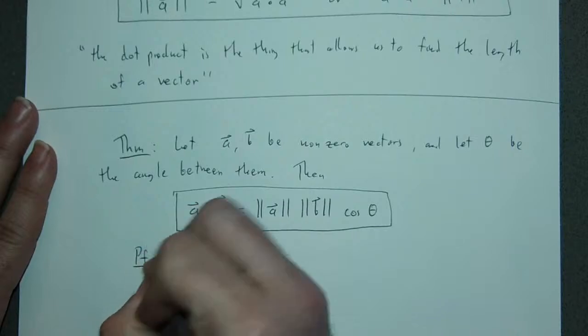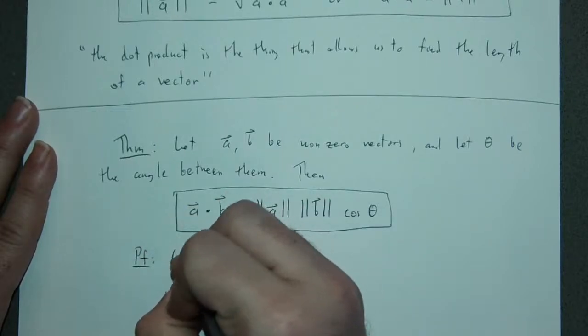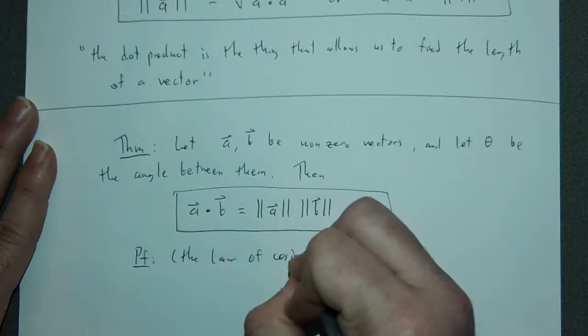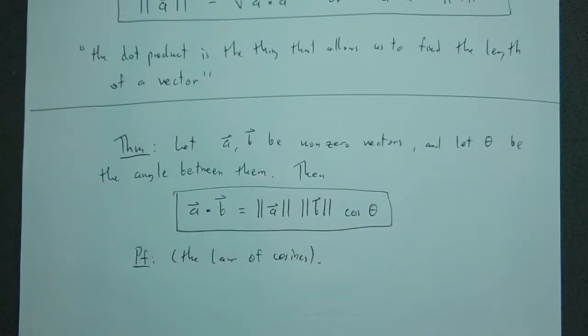I'm not going to do the full proof, but the proof is just directly from the law of cosines. If you remember, the law of cosines is a fact that you could apply to any triangle. One simple application of the law of cosines proves this. If you want to, you can look at the textbook for that, but that's what's going on here.